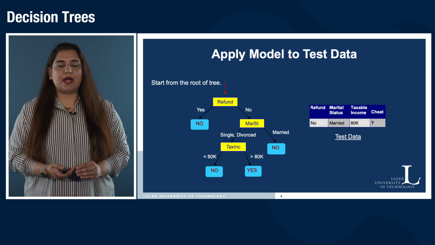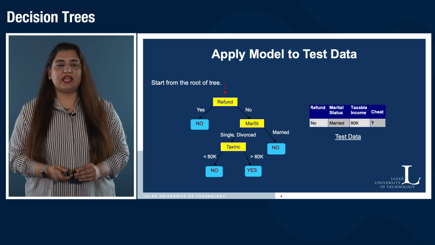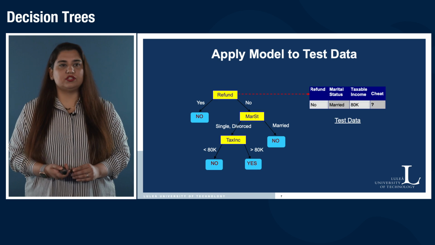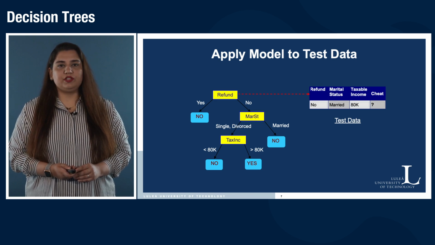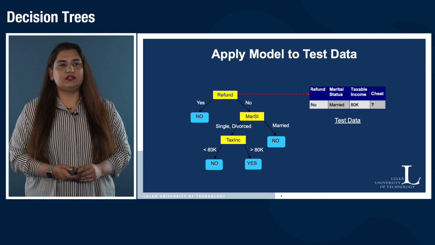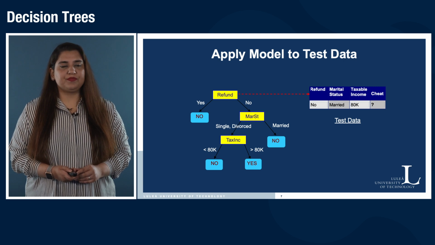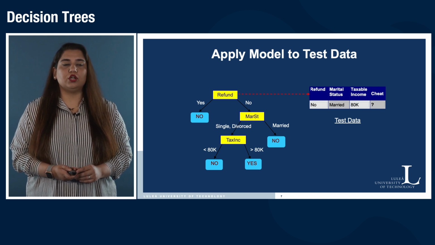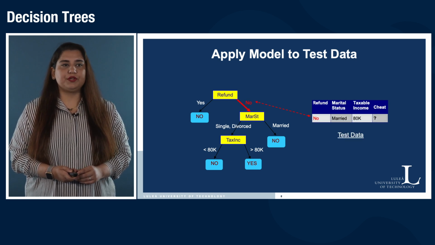So this will be mapped. We will traverse through the tree, and then we will see how we will reach the final or the correct solution. So starting from the first column of the table, we first of all evaluate the refund variable, and we see where it goes. So basically this is the variable, and definitely we map it onto the no branch of that particular node.